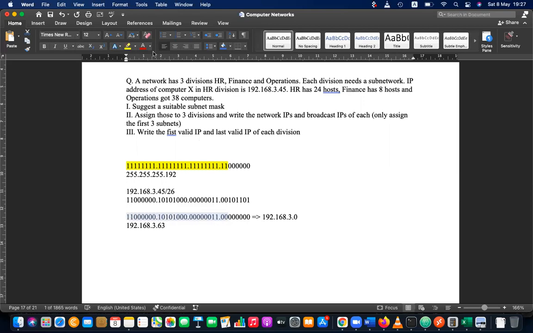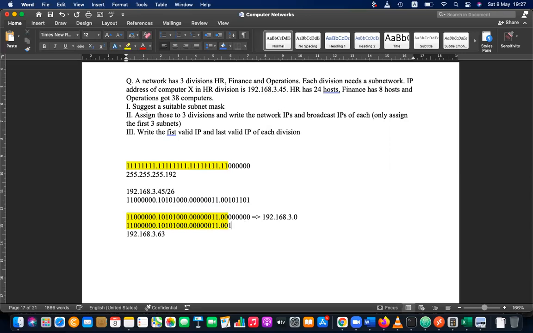Next network, network address. So 63 is the broadcast IP. Yeah, 0 is the network address. You have to keep the network portion as it is and change the host portion to the maximum.